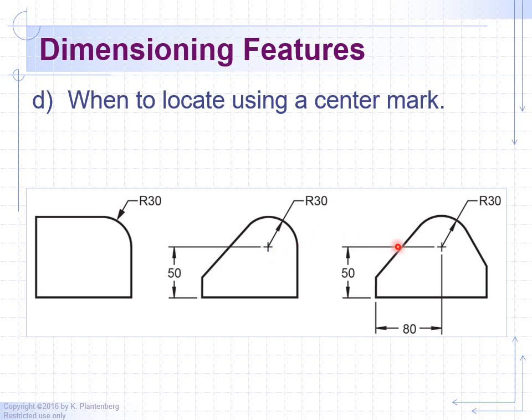Now, in this case, where you don't have someone coming into a horizontal or a vertical line, you need to show both the vertical height and the horizontal distance here to position this center mark. So you don't always have to dimension center marks, but when they're not obvious from the feature, you do. And then in that case, not only do you need the radius symbol, but you also have to locate the center of the radius.